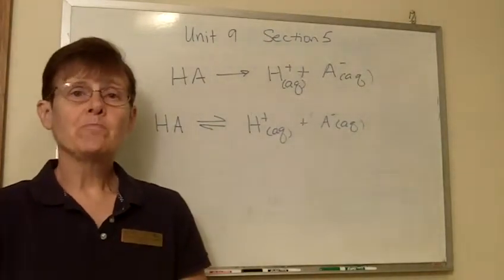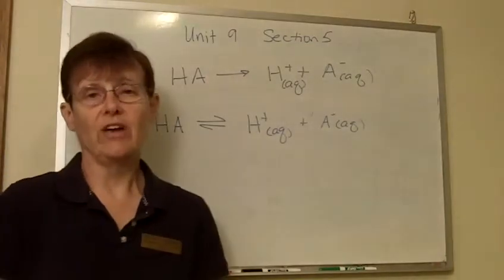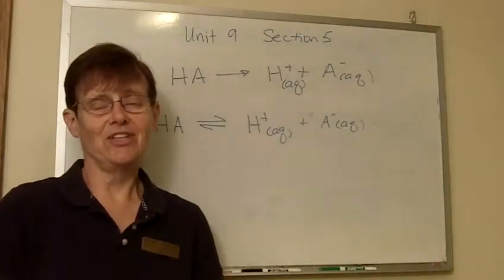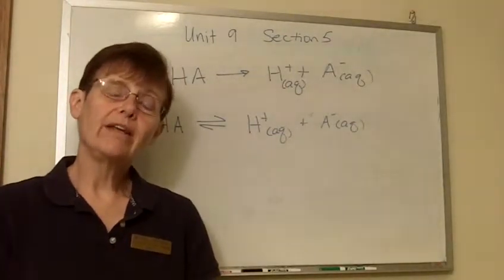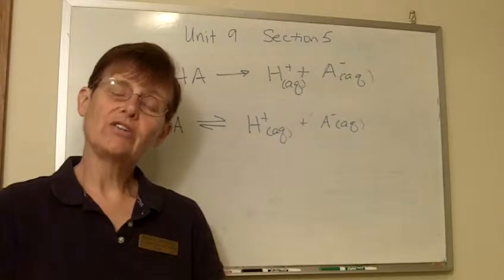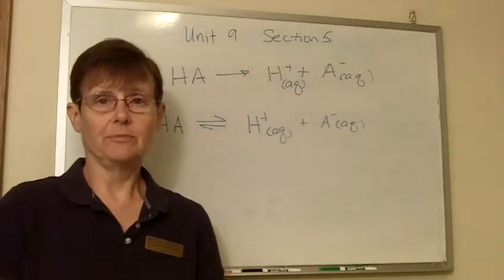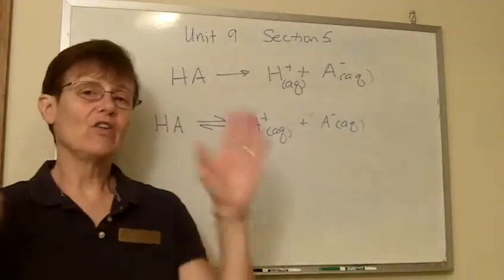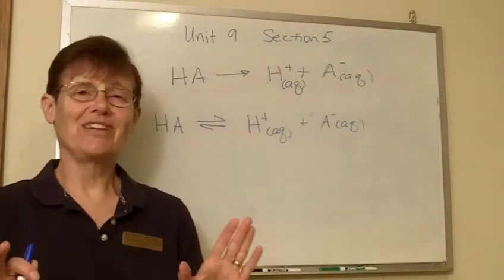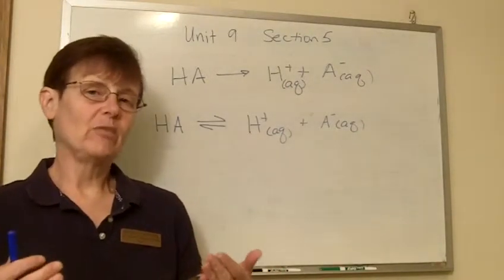So, in addition to being able to write this kind of equation for acids, the other skill that I need you to learn is to be able to figure out what is the molarity of the hydrogen ion concentration if you know the percent dissociated. Now, one of the reasons that we're not going to do all kinds of other math with that this year, I explained the other day, is that we don't know about logarithms yet, so there's a limited amount of math we can do.